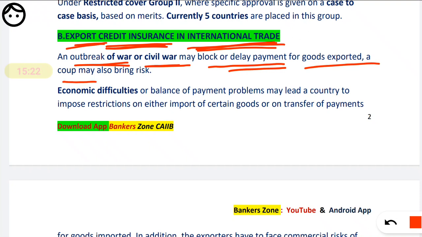A coup may also bring a risk. There may be a war between two countries or a military coup, which may bring risk, or there may be some economic difficulty in the country.